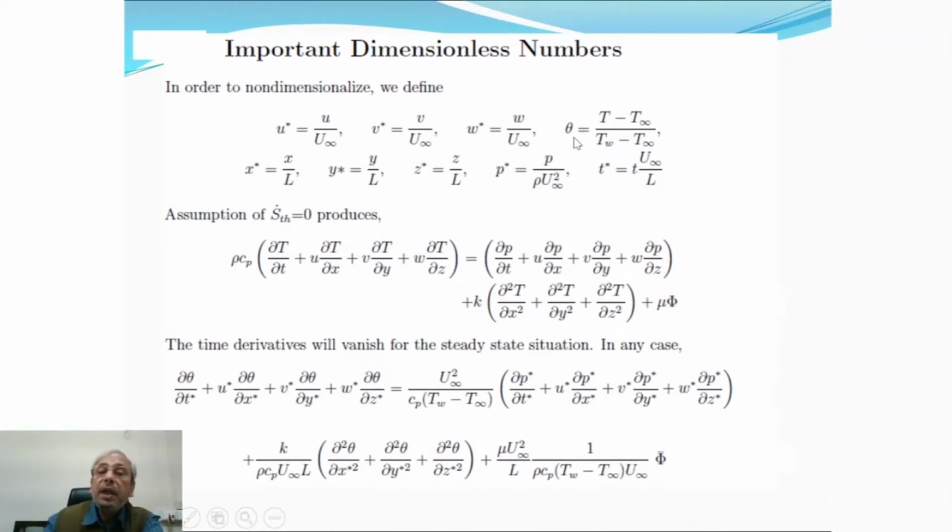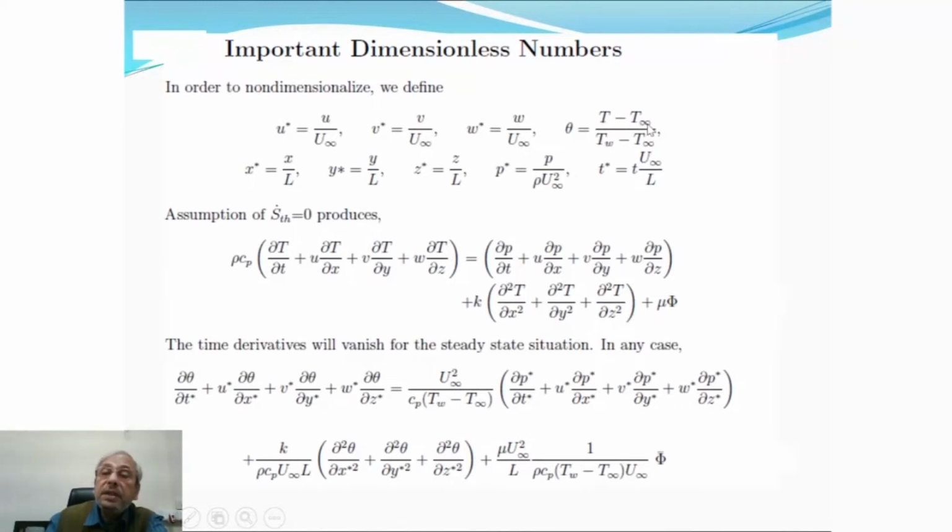We non-dimensionalize theta with respect to the free stream temperature. That means, in case of flow over a flat plate, we can assume the incoming flow has no effect of the surface temperature, and TW is the temperature of the heated flat plate.